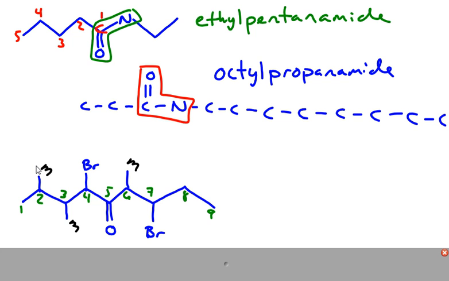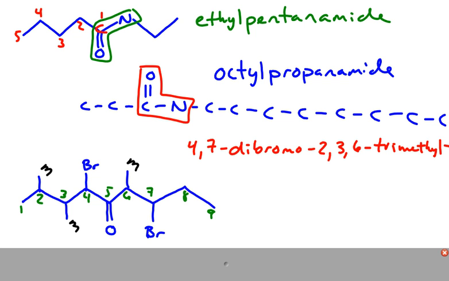So this is the name you should have come up with. I put a hyphen there, but I can't see it too well, so I'm not meaning to do a double hyphen. I just can't erase that.